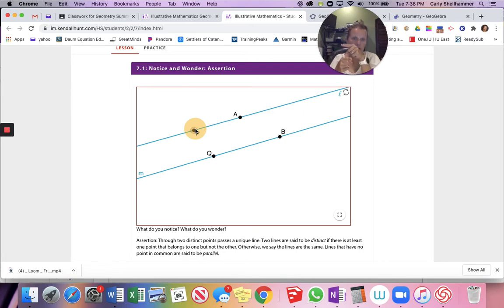There's no intersection point between these two lines. But there's also no plane that they share. They must share a plane for them to be parallel. So here's parallel. Here's two distinct lines that intersect. But this is called skew. That's a big difference. That is called skew. And I can't write on this page, but that's what I wanted to show you.